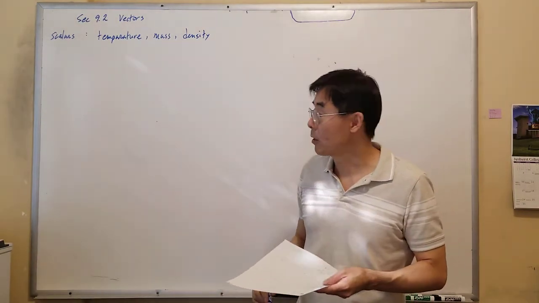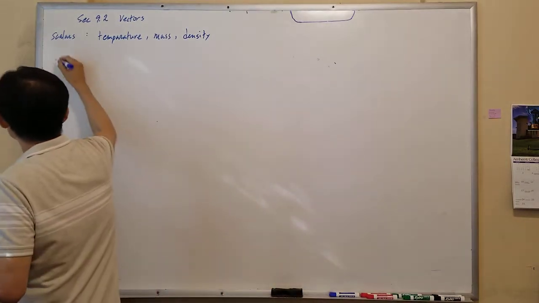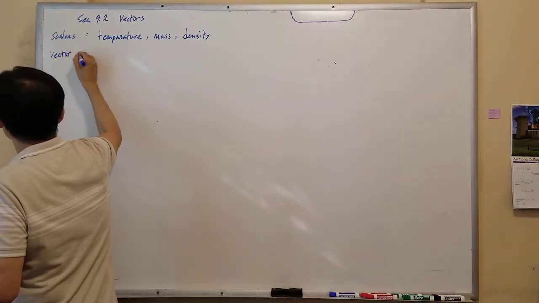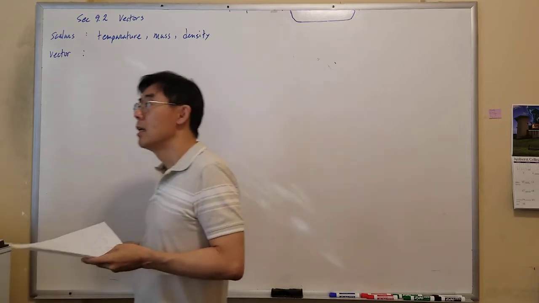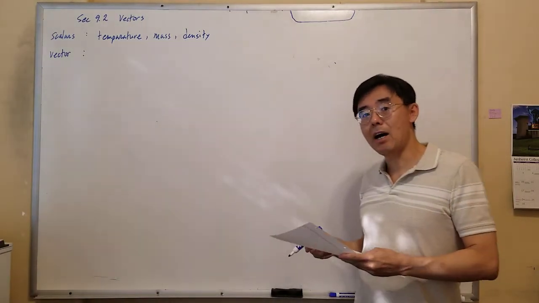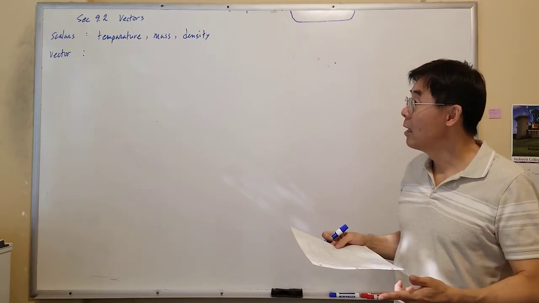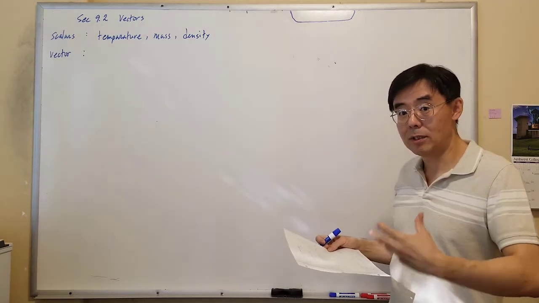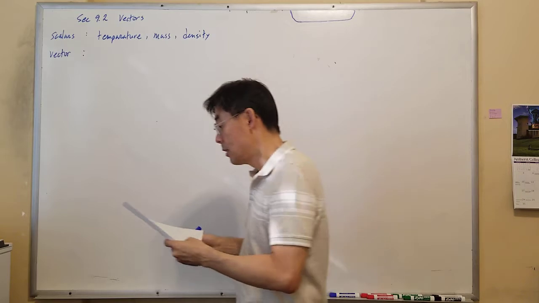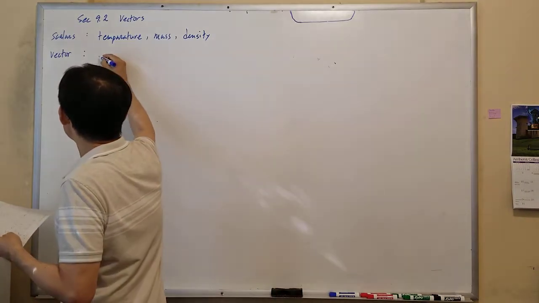Scalar quantities. On the other hand, there are vector quantities, which require not only how large it is, but also in which direction it is acting to describe that quantity fully. So, for example, force.